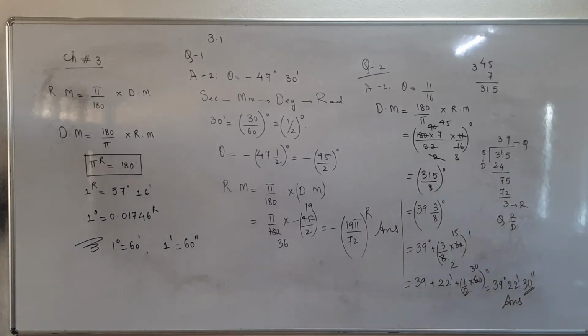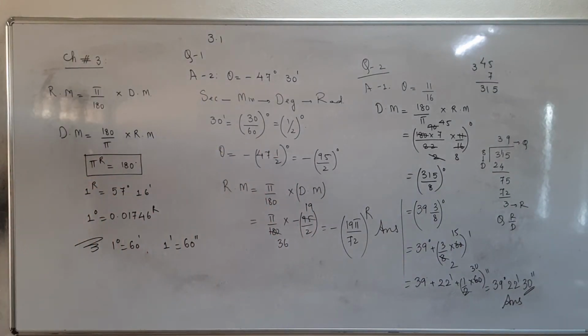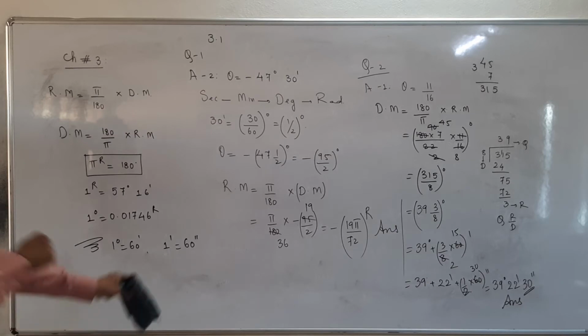So here we have to go by simple division without using your calculator. This is the main part. Students, revise this. This exercise, according to me, is the most interesting one.